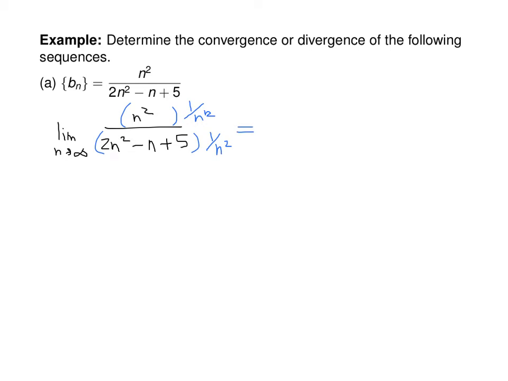That will give you the limit as n goes to infinity of 1 over 2 minus 1 over n plus 5 over n squared. And both 1 over n and 5 over n squared go to 0, so this limit is 1 over 2.